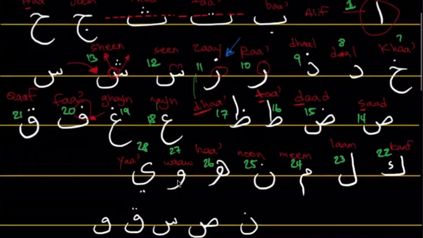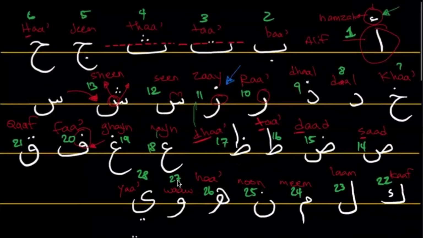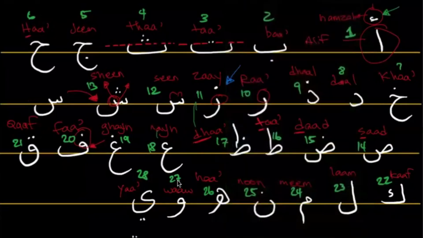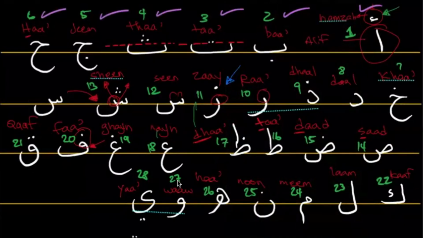So let's check off our list here, see what we've already covered. So Hamza's covered. Ba is covered. Ta is covered. Tha is covered. Jim is covered. Ha is covered. We're at Kha. Kha and Ghain are sisters. We just said so. I'm going to come back to that.